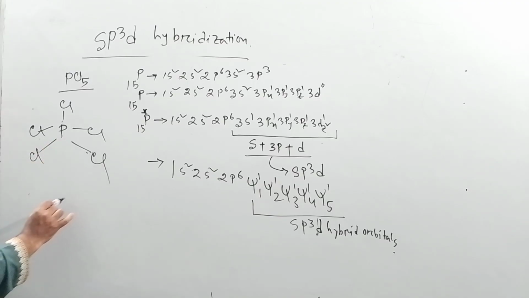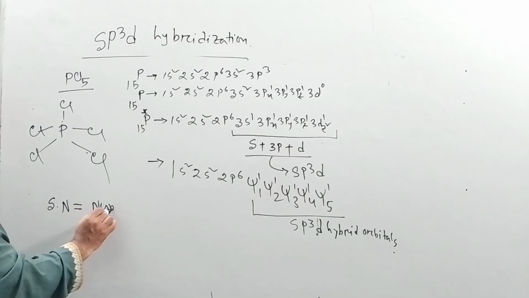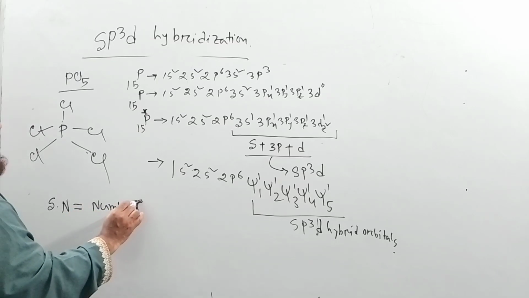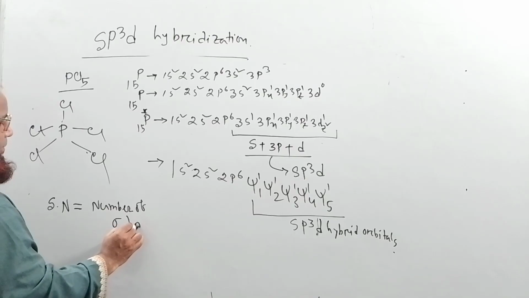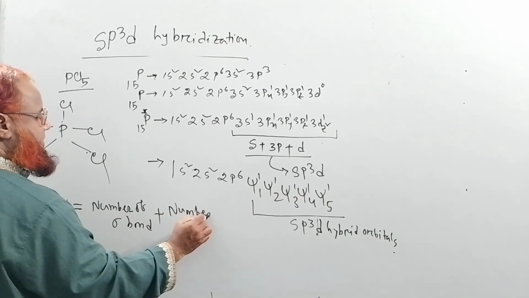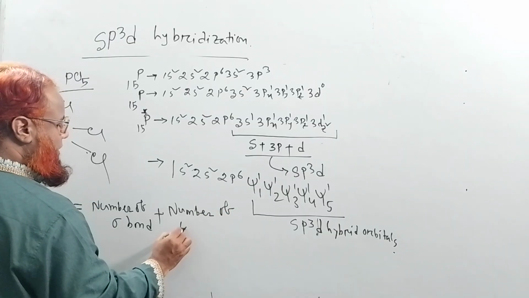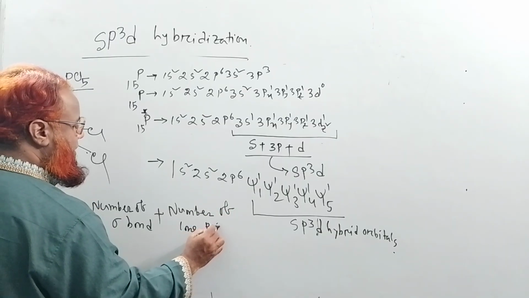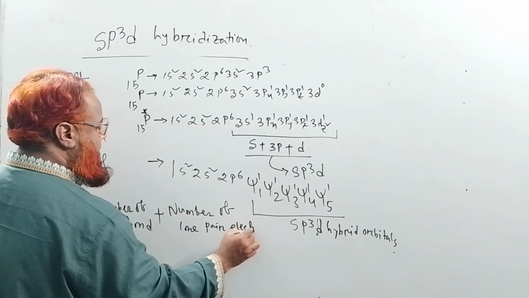So if you calculate the steric number, you know that steric number is the number of sigma bonds plus the number of lone pair electrons.